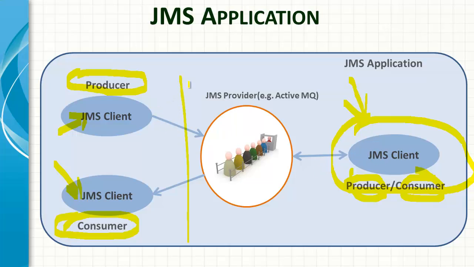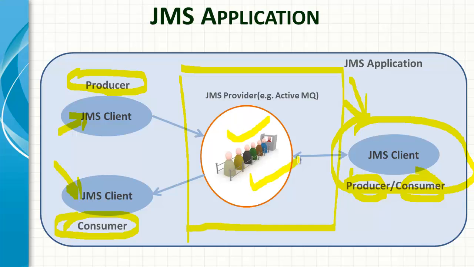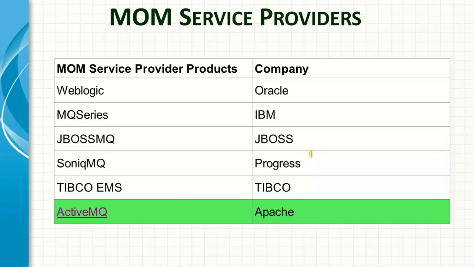And this is the JMS provider, the post office, the postman, via which the whole delivery happens, which guarantees the delivery once and only once, and guarantees for sure that it will definitely be delivered. Right, so this is how a JMS application looks.